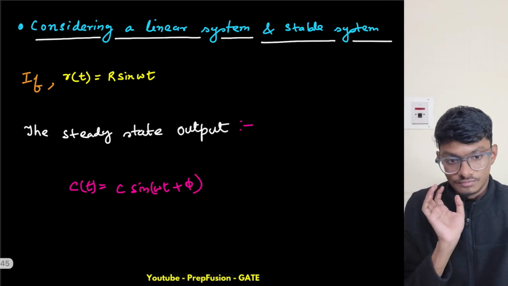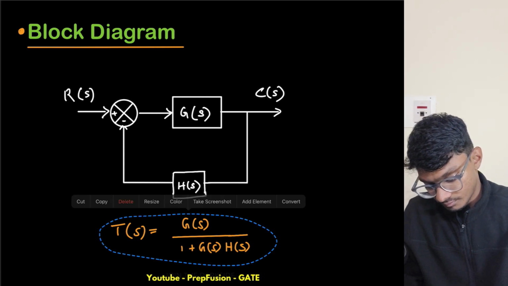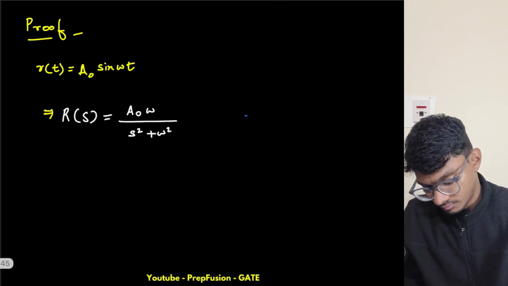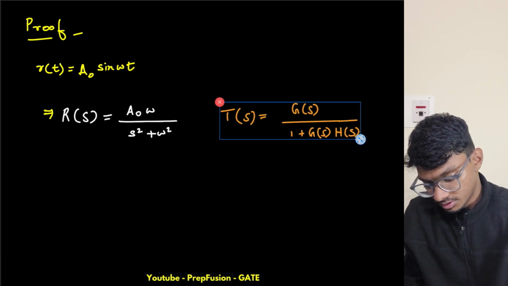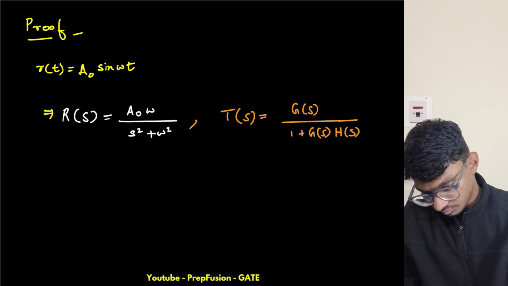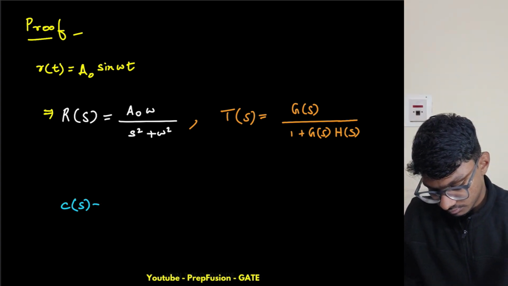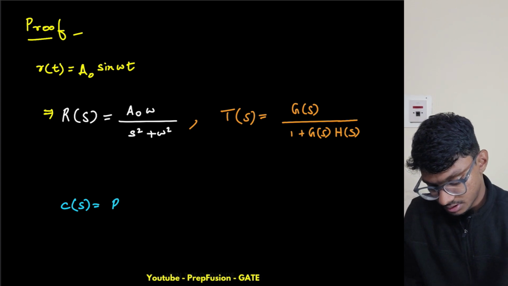Now I will copy this one and paste it here. So what will my c of s be? My c of s will simply be this r of s into t of s.